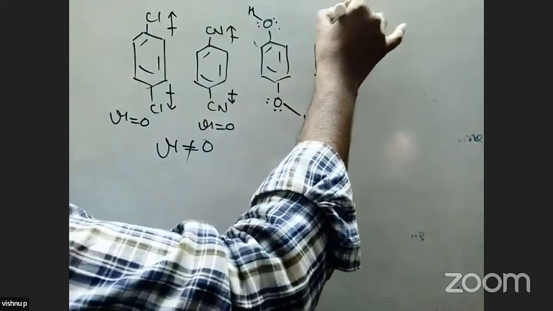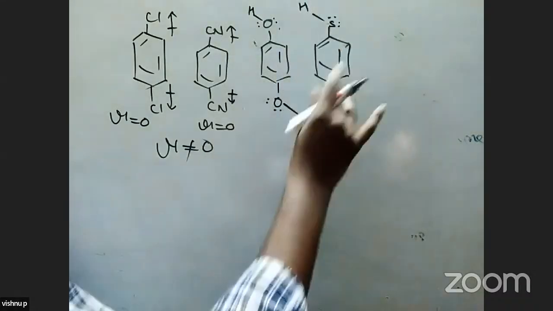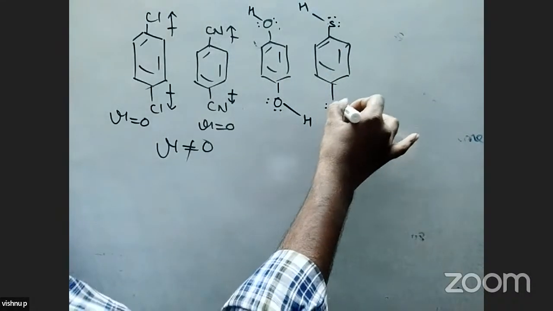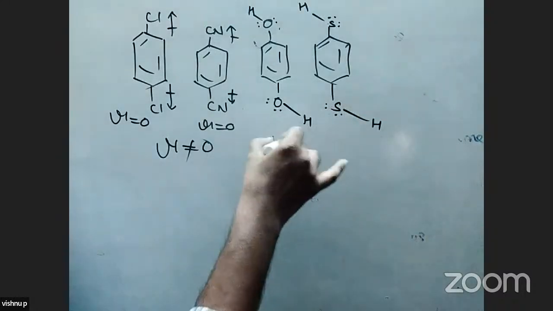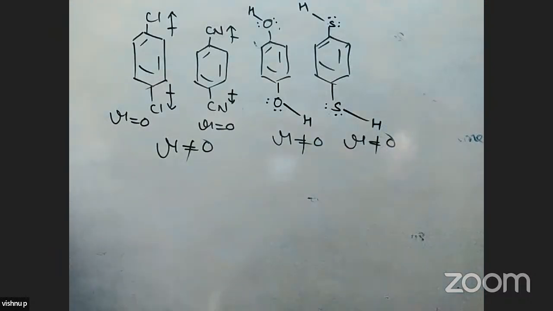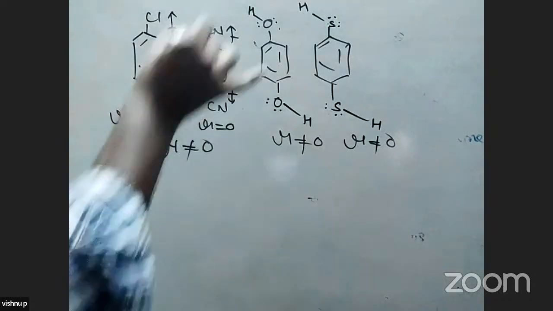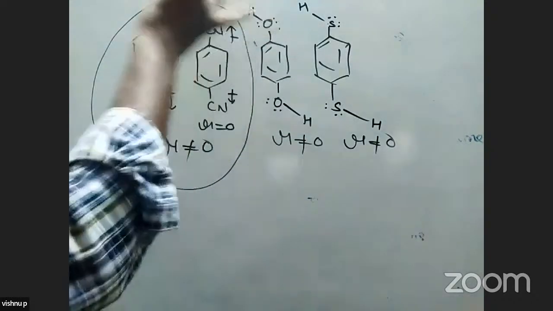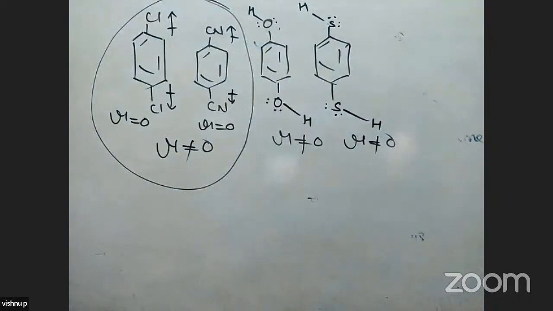In the same way SH also, the central atom shows lone pair electrons. So in both cases, mu is not equal to 0. So in the first 2 cases, dipole moment is equal to 0. In the next 2 cases, dipole moment is not equal to 0.